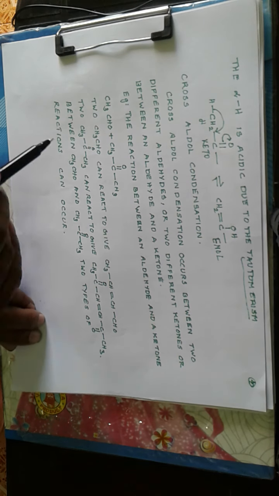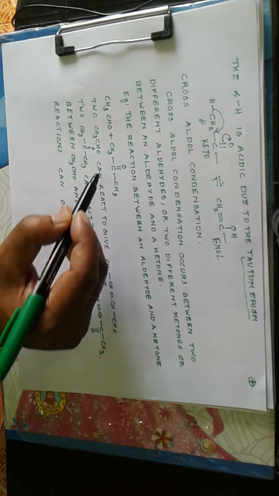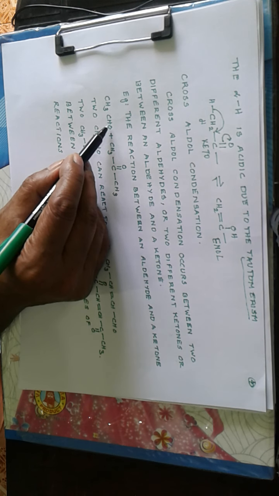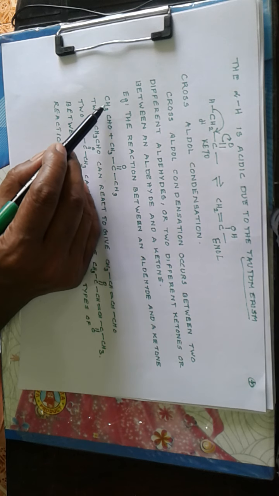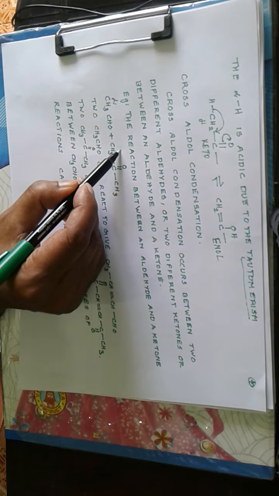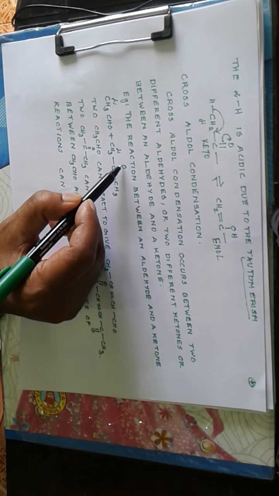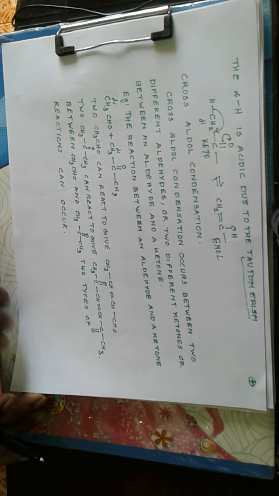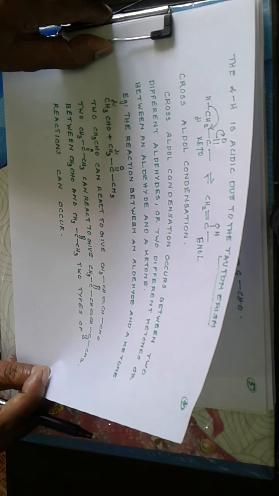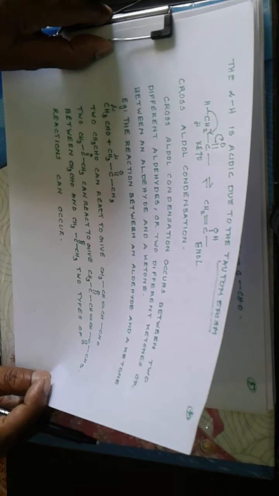This reaction can happen in two ways, that is, the alpha hydrogen of ketone combining with the oxygen of acetaldehyde, or the alpha hydrogen of aldehyde combining with the oxygen atom of ketone. So two different products can be formed from the cross-aldol reaction.